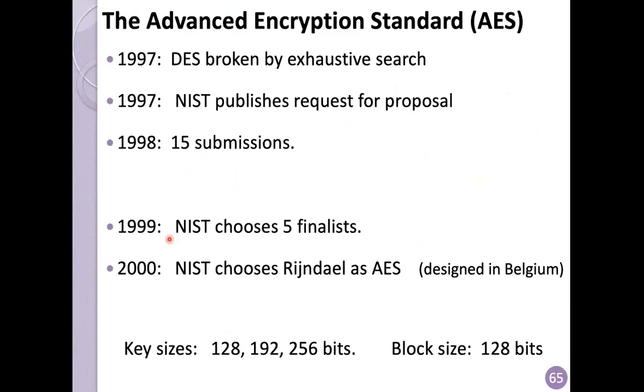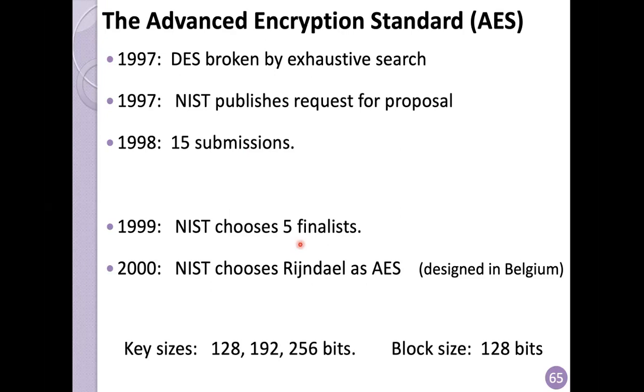Okay, I'm going to next talk about the AES, Advanced Encryption Standard. Here is a short history about AES. In 1997, DES was broken. Then in 97, the National Institute of Standards and Technology asked for proposals, and 15 proposals were submitted. Then 5 finalists in 99.